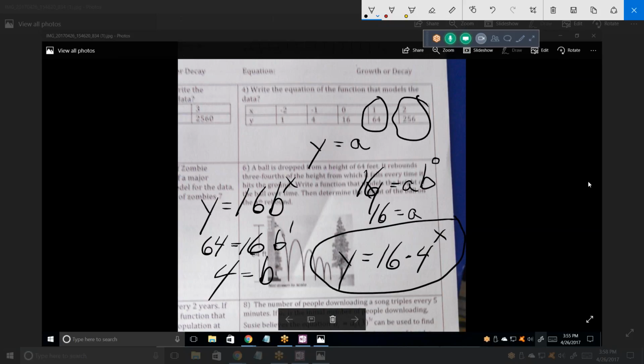It's not really 4 to the fourth, it just happens to be. In other words, when x is 2, we're looking at 16 times 4 squared. 16 times 16 is 256. It also happens to be 4 to the 4th, but that's just coincidental.